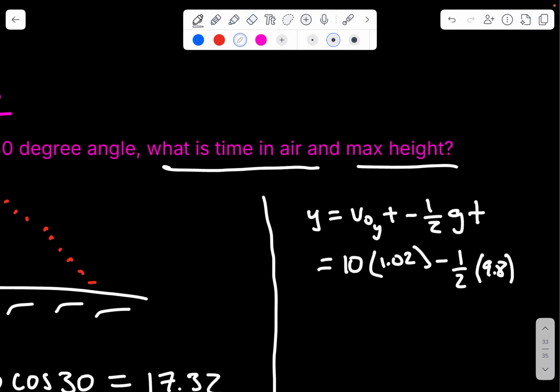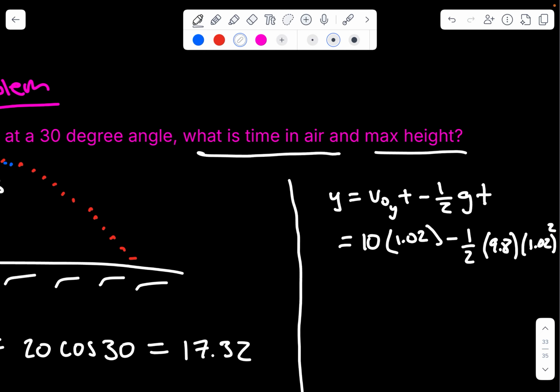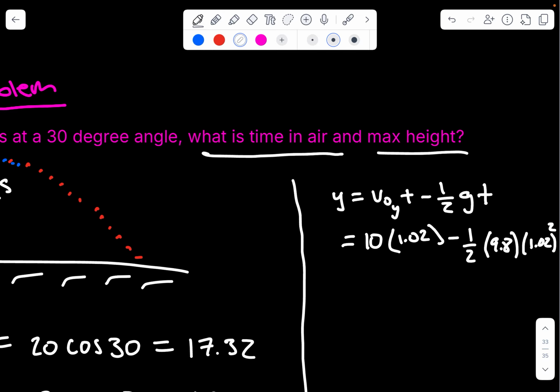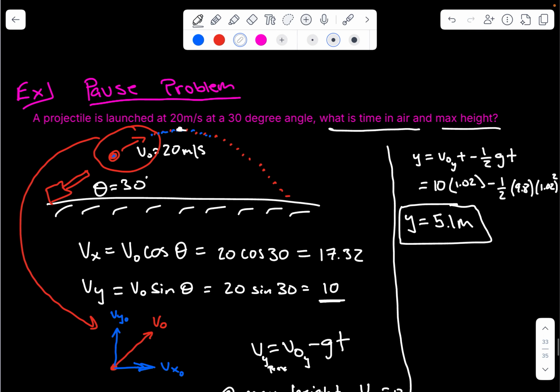And then t is also 1.02, so 1.02 squared. And if you plug that into your calculator, you get that your max height is equal to roughly 5.1 meters. And that is the answer.